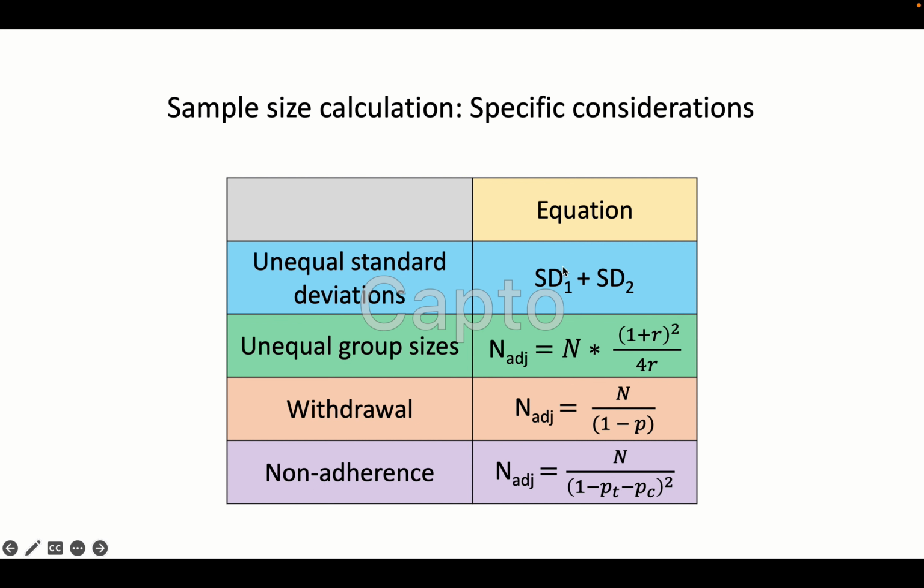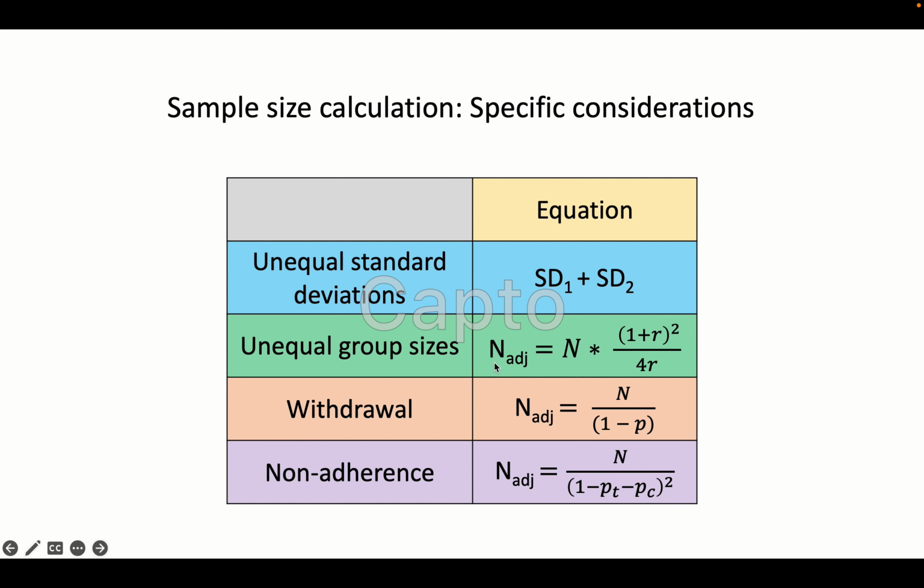So you just need to sum up the standard deviation for group X and group Y. We also have a correction factor for unequal group sizes.